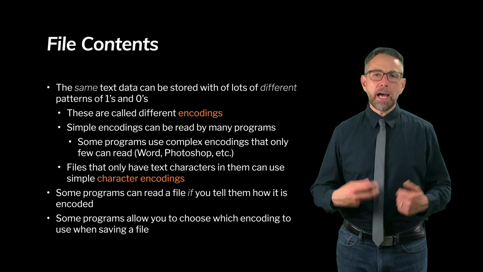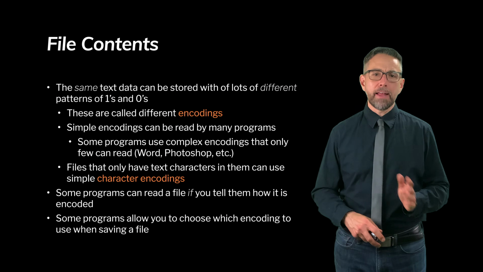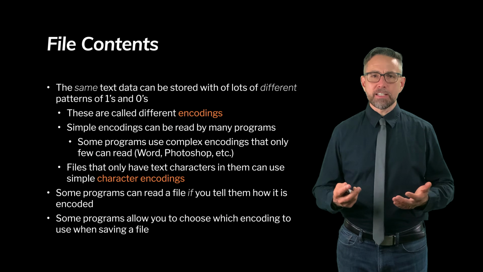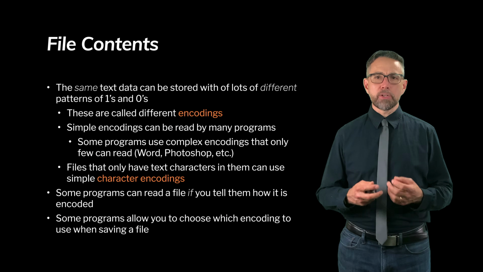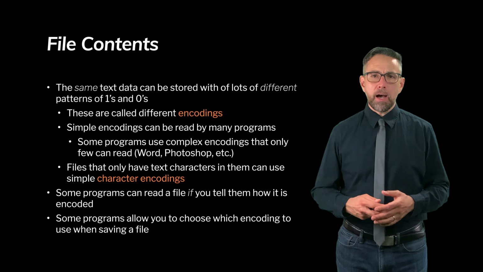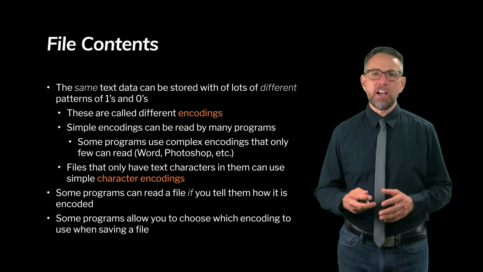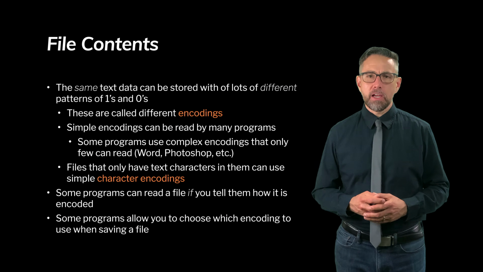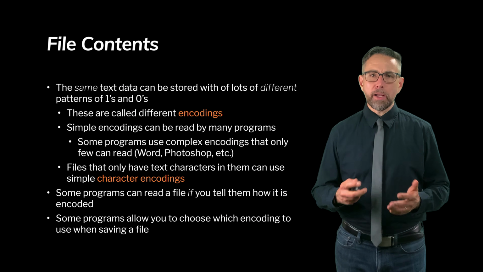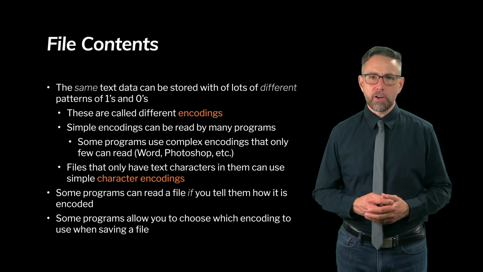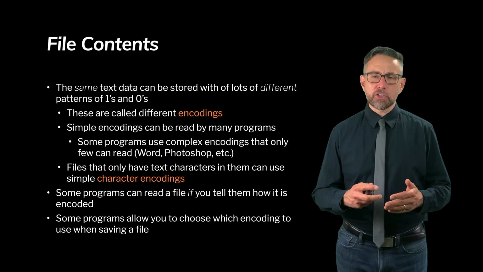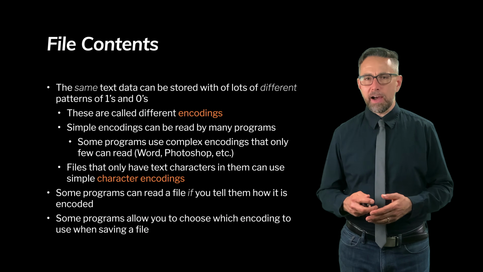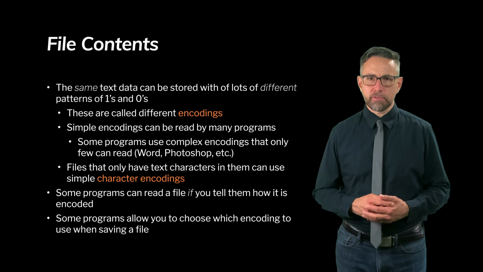All right, so for file contents, what's actually inside the file, not the metadata: if we want to represent a sentence, for example, or store a particular image, we can store that text data in a lot of different patterns of zeros and ones. We can take some phrase like the quick brown fox jumped over the lazy brown dog, and store it in different kinds of files, maybe a text file or a Word doc file, or maybe some other kind of word processor file.